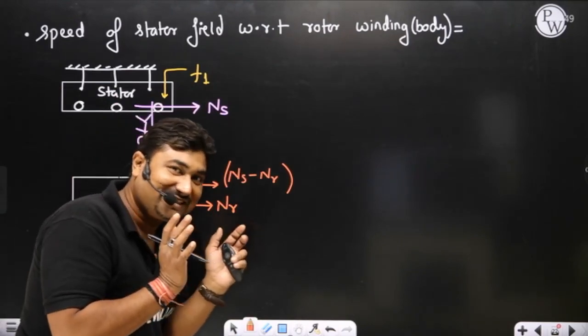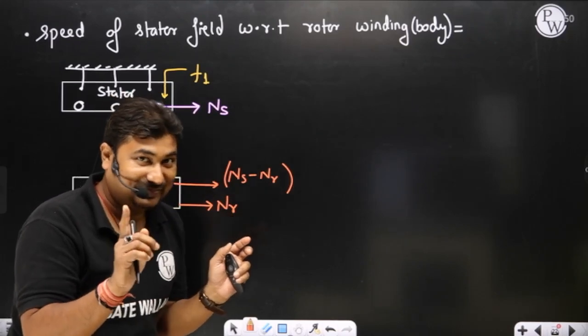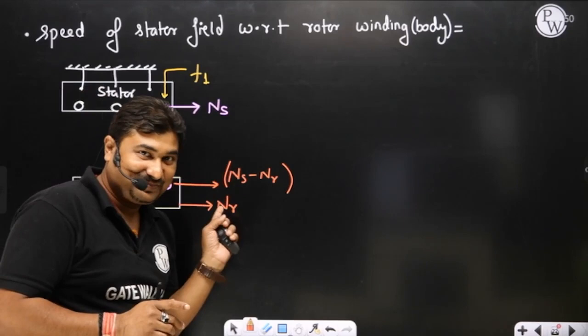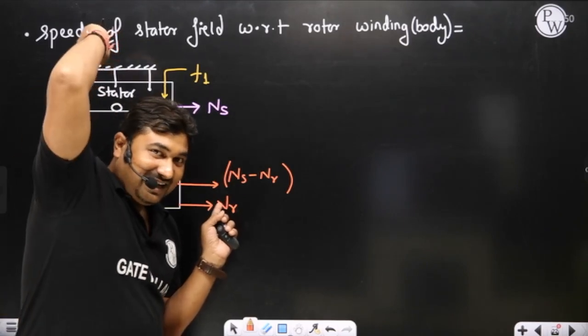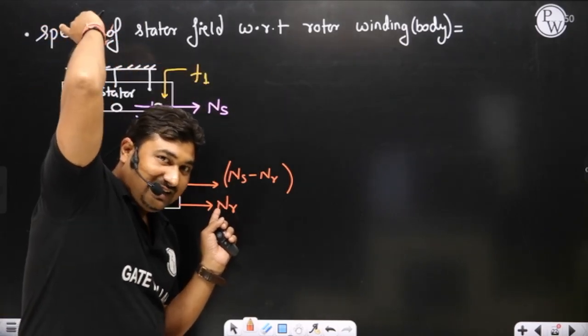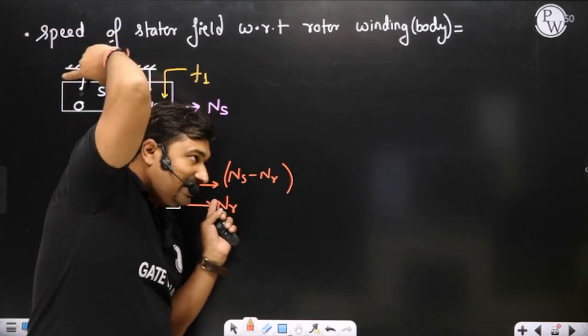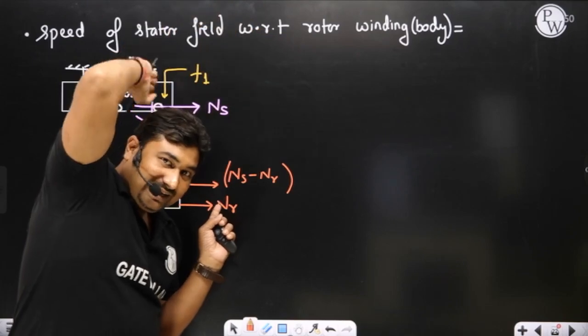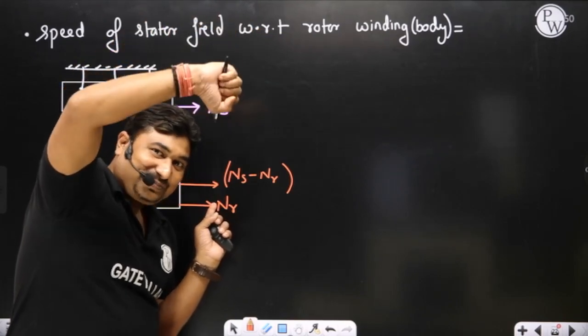Now let us suppose, only suppose, okay, if my head is the rotor conductor and there is a pole which is moving in the forward direction, holding one stick.